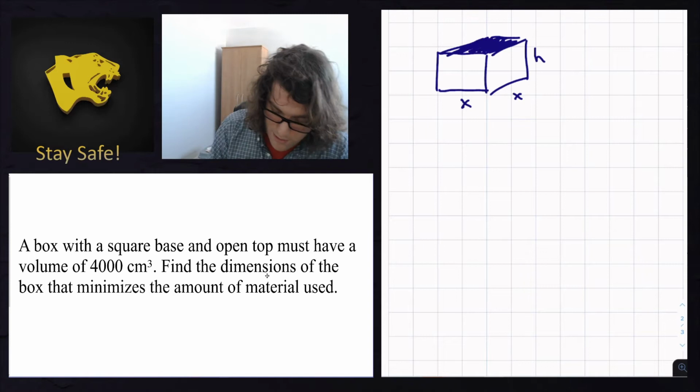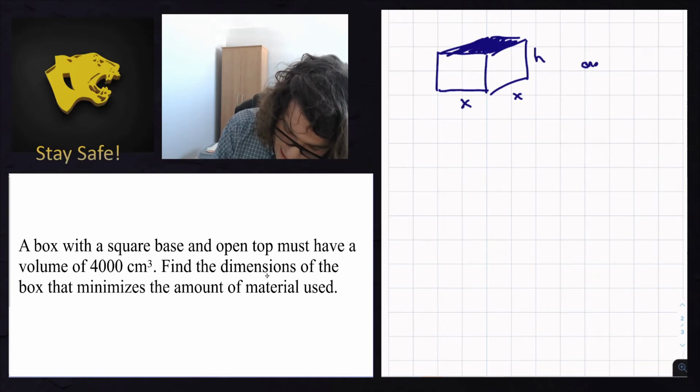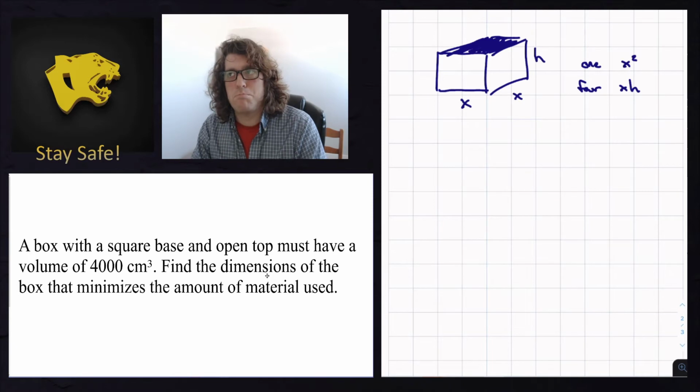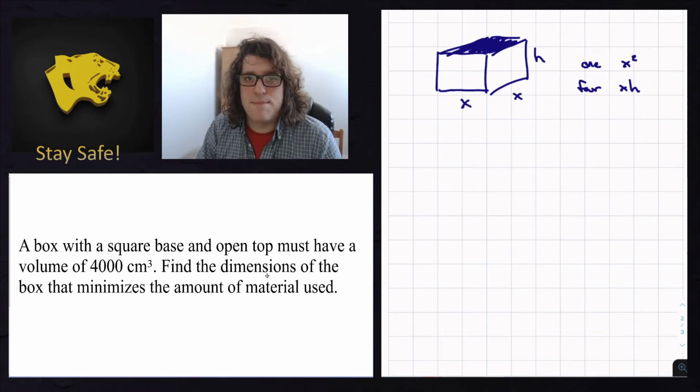So can I describe those sizes? I have 1 x squared, and then I have 4xh in terms of the number and types of sides that I'm working with here.